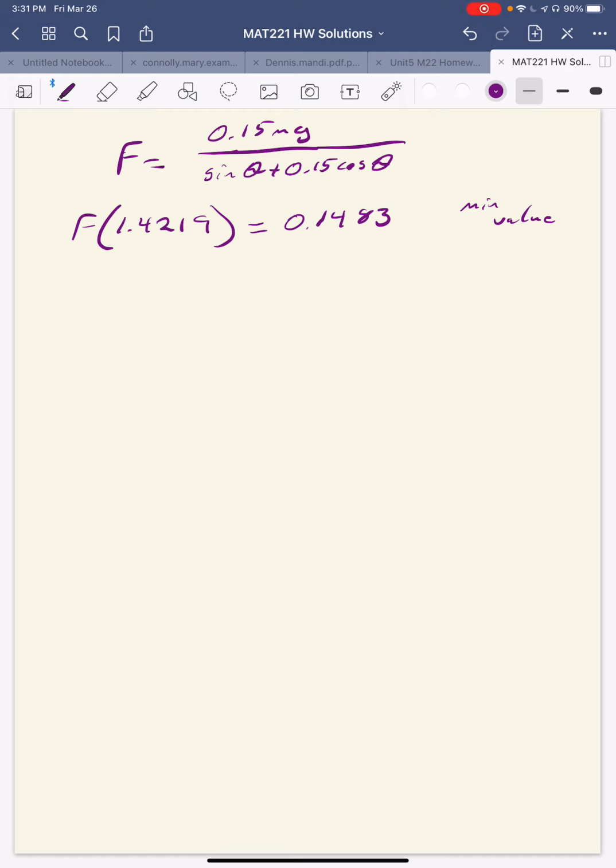And then we're asked to find, is there a maximum value? So we also have to look at those endpoints that we were given. We were told that her arm could be at an angle from 0 to pi over 2 from her body. So we'll try f at 0. You could use a calculator again if you want to, but you don't need to here because you can look and see that when theta is 0, sine of 0 is 0, so that term disappears.